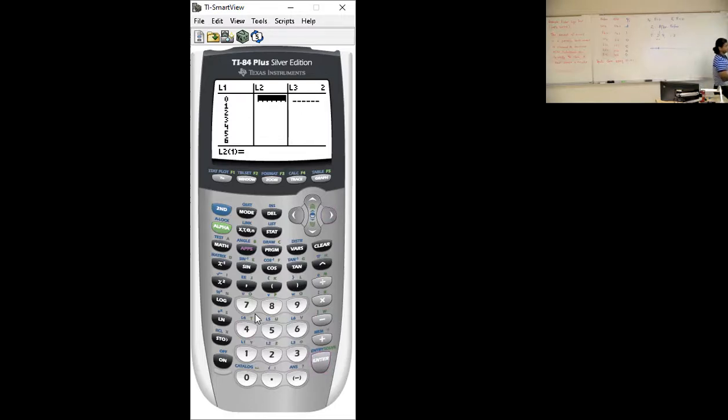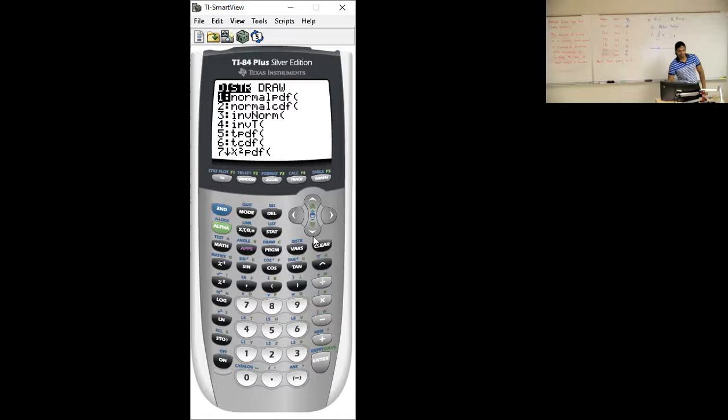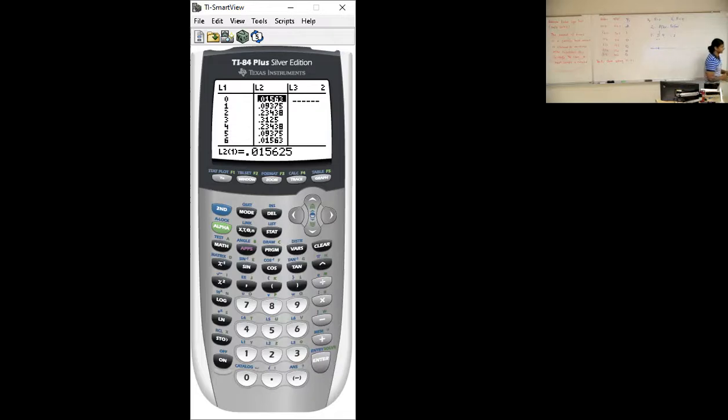In list 2, we have to do binomial PDF with n, which is 6. Under the null, the value of p is 50%, so 0.5. The x values are in list 1, close paren, enter. Those are the values that we get.